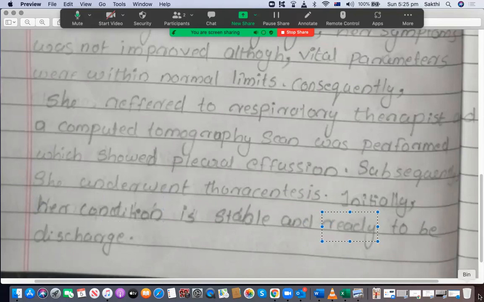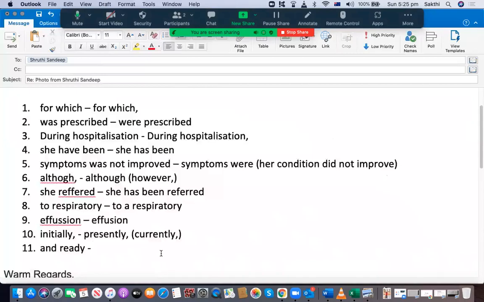This is wrong, isn't it? So this is absolutely wrong. So you should say "and she is ready." The next one is "to be discharged." Again, this is wrong. Why? Whenever you use "to be," after that it is going to be the third form of the verb. I mean, to be completed, to be discharged, to be accomplished, to be finished, to be done, to be given, to be undergone, and so on.